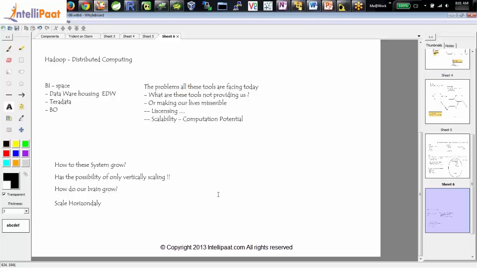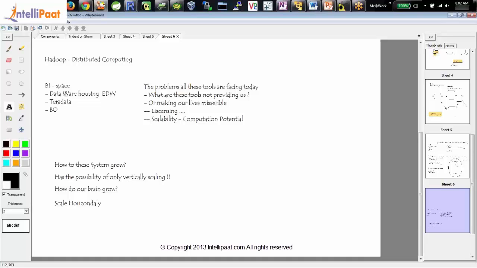Our neurons do not improve their computation power, right? It's very simple. It just does what it does, right? But what has our big data architecture, our BI space architecture, until today been trying to do?